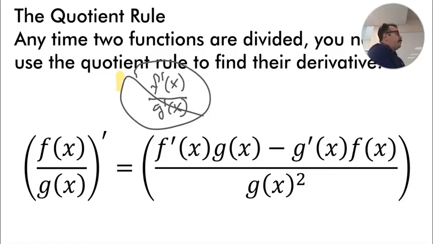Another way to remind yourself is: low d high. Low would be g of x, d high would be the derivative of f, minus high d low, so low d high minus high d low over, oh, there's supposed to be some clever part for the denominator, low squared. That's even worse to remember.